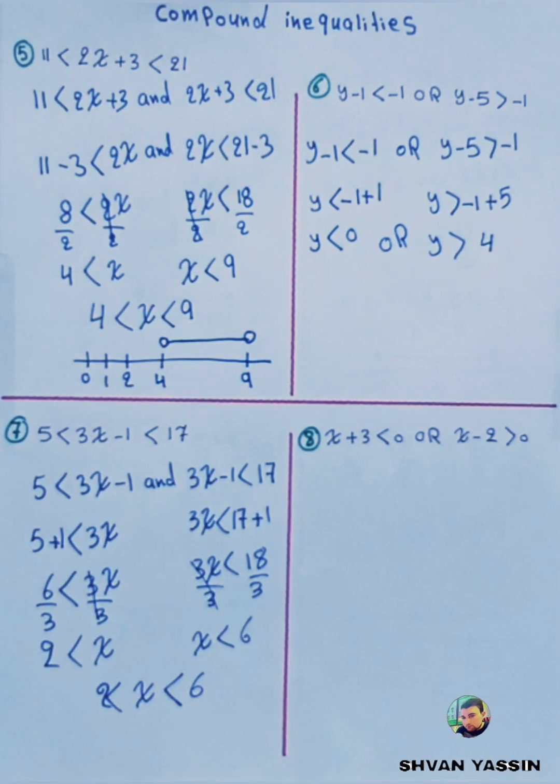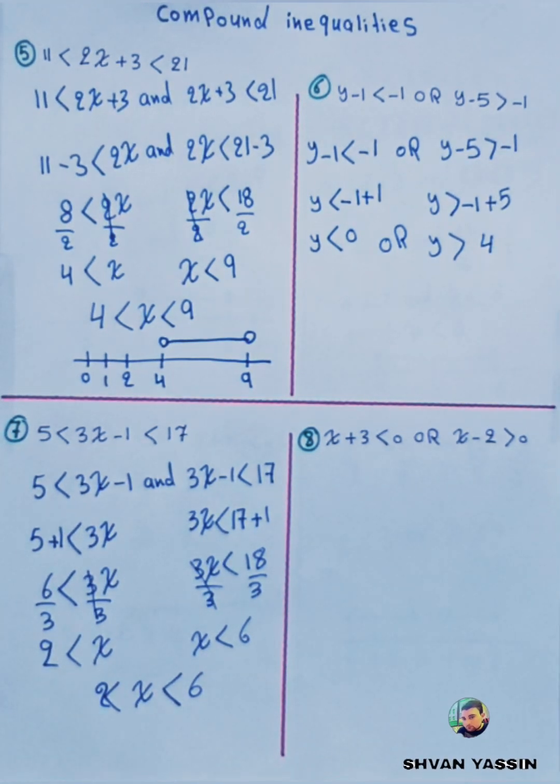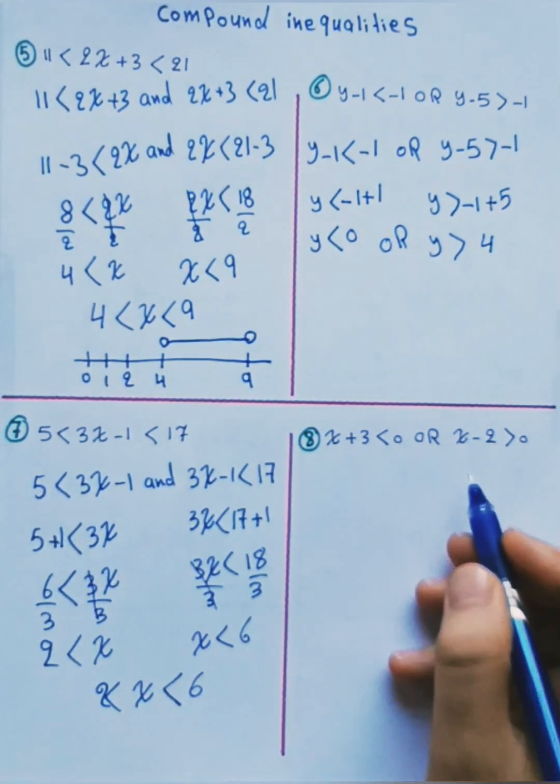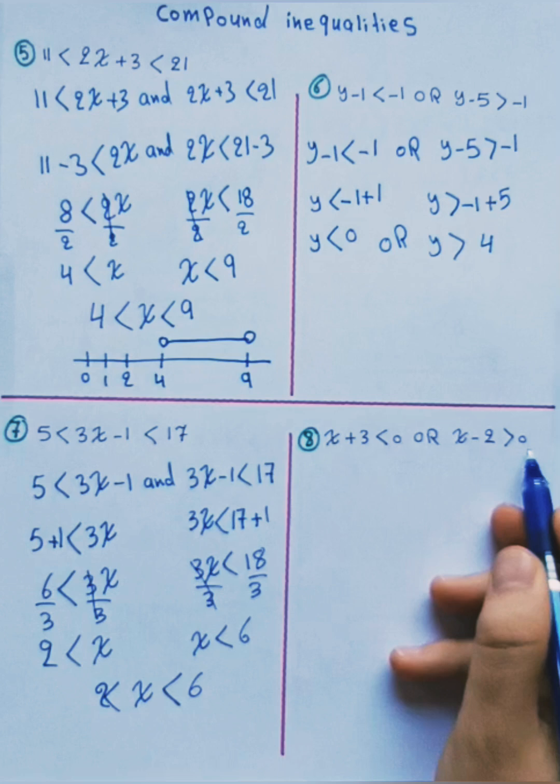Example number 8. We have x plus 3 is less than 0, or x minus 2 is greater than 0.